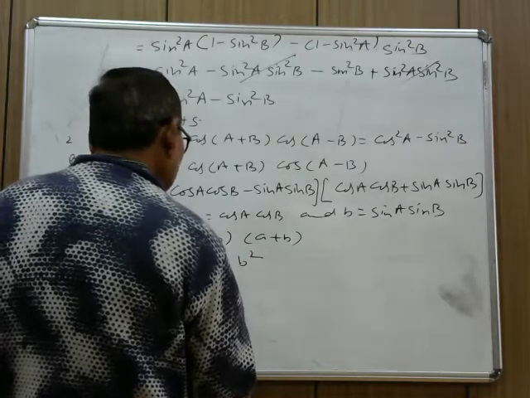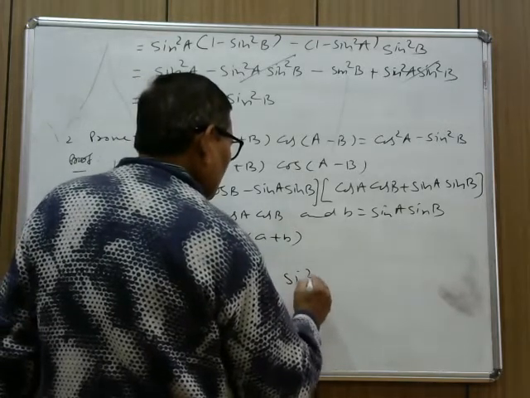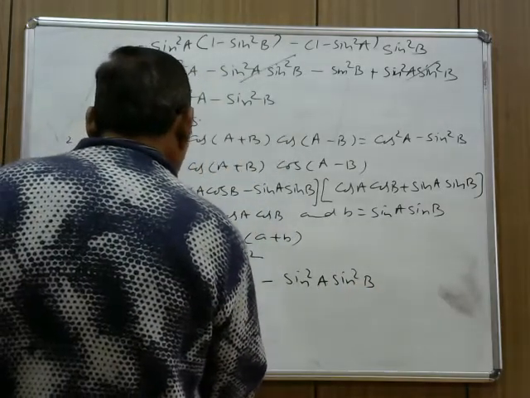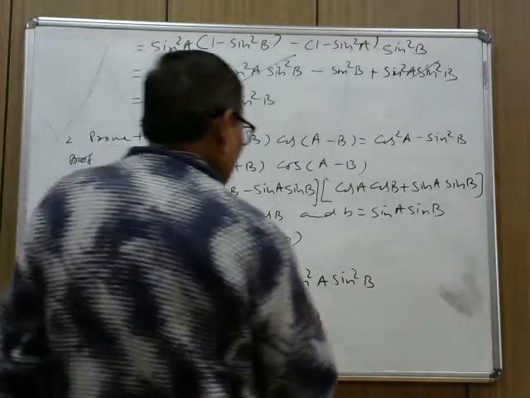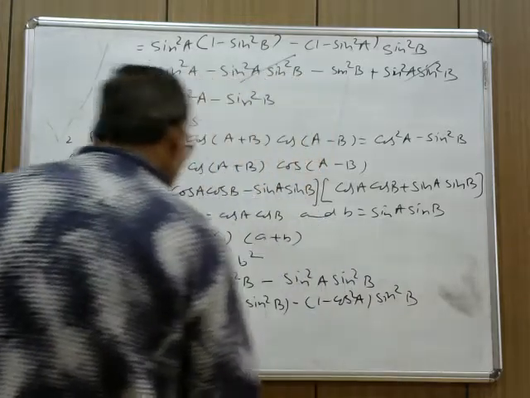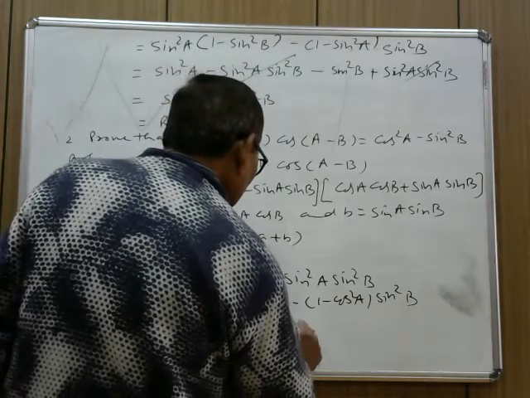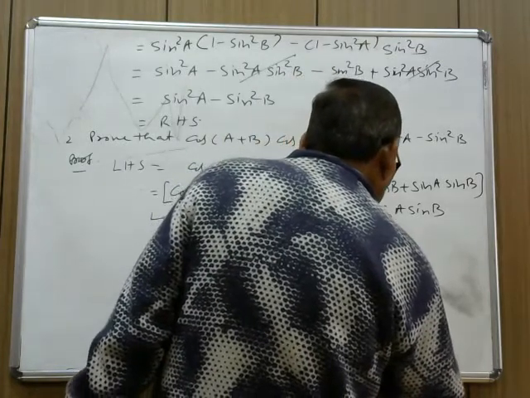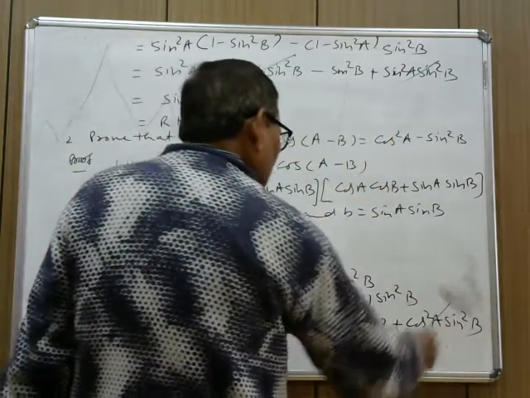So it is cos square A into cos square B minus sin square A into sin square B. In this case, you can write this as cos square A into 1 minus sin square B, we are making the change according to the proof, minus 1 minus cos square A into sin square B. Open the bracket: cos square A minus cos square A sin square B minus sin square B plus cos square A sin square B. This term and this term will be cancelled.